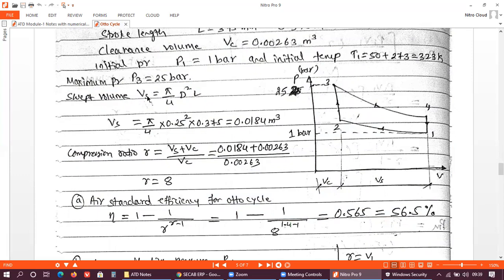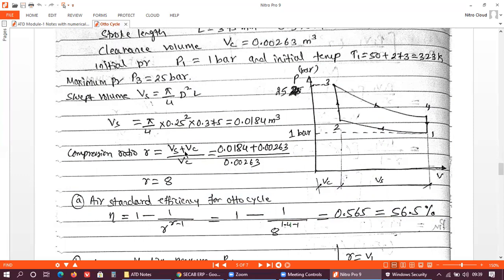Stroke volume is given by Vs equal to pi by 4 d square into L, where d is the bore diameter and L is the stroke length. You substitute the values and you will get Vs as 0.0184 cubic meter. Now the compression ratio R is equal to total volume divided by clearance volume.